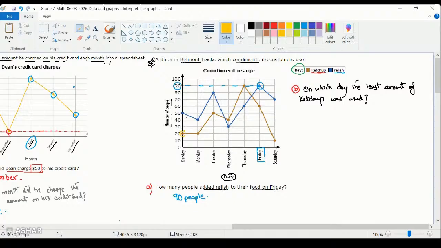Oh, sorry. These are the people, right? Number of people using the sauce, and this was the least. That was just 10 over here, right? That means on a Saturday, it was the least number of people using the ketchup, right?